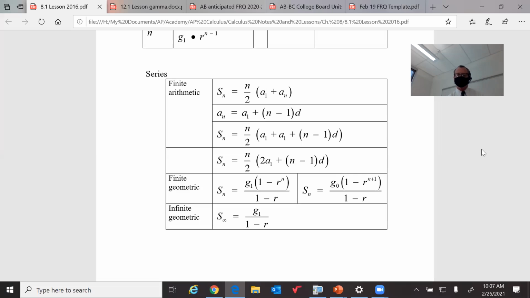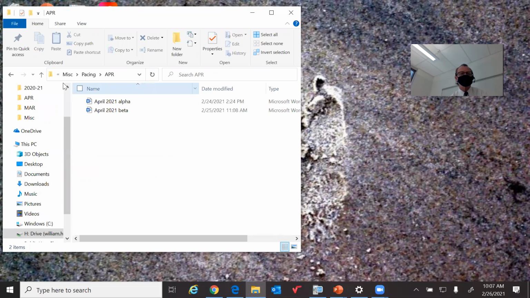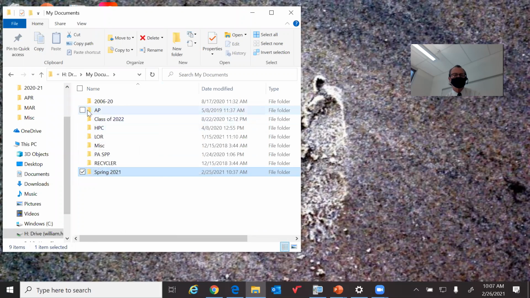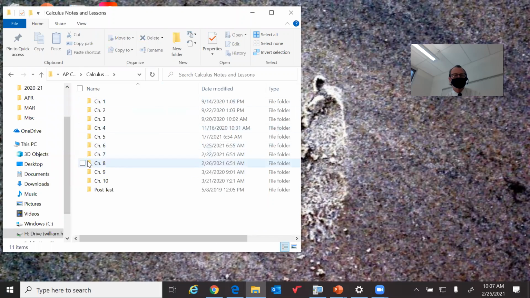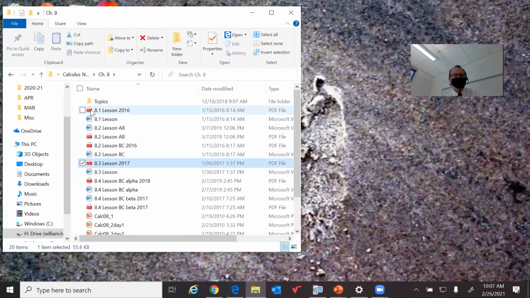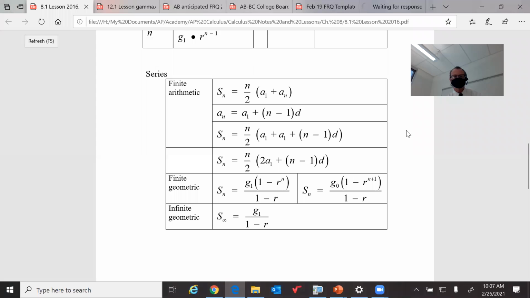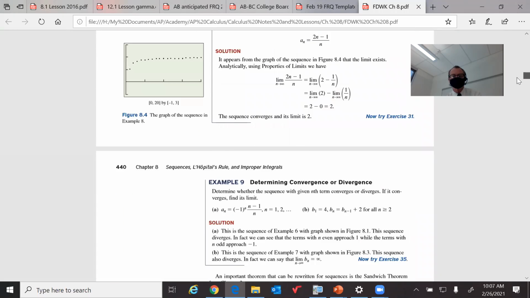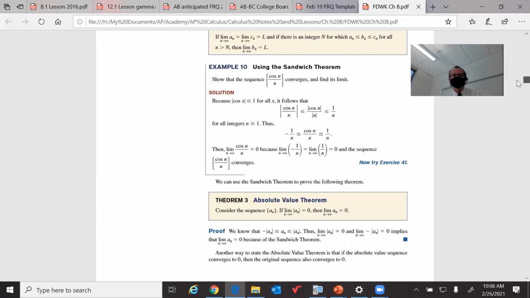So let's look at example 10. Show that this sequence converges.